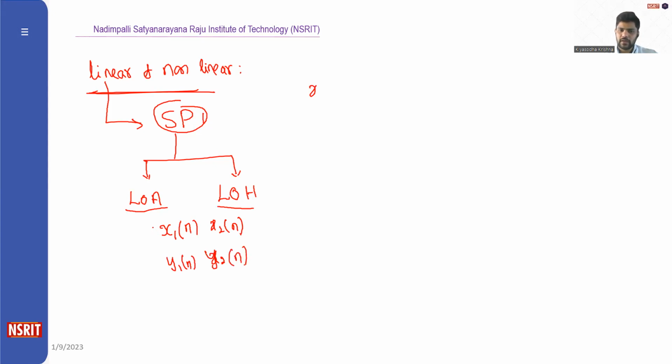Here I multiply with a, and here I multiply with b. Similarly, if I multiply with a and b and add, both will be the same. Simply, a into x1 of n plus b into x2 of n is equal to a into y1 of n plus b into y2 of n.